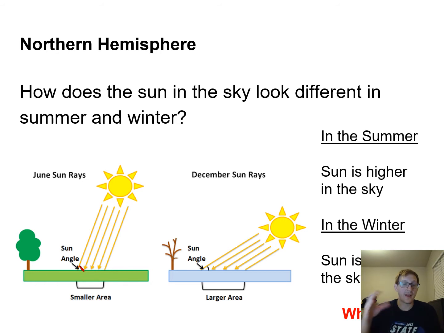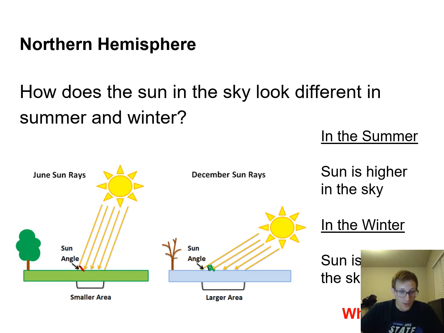So it's going to have a much larger angle, closer to 90 degrees than in December when the sun's angle is really, really low. So this may be closer to like 30 degrees or something like that in here. This may be closer to something like 75 degrees in June.